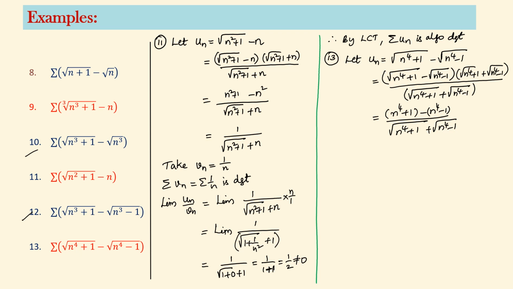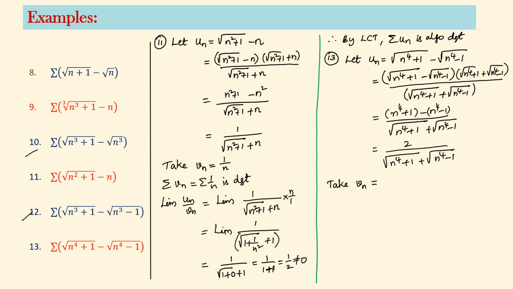The numerator becomes n power 4 plus 1 minus n power 4 minus 1. So n power 4 gets cancelled in the numerator. This will become 1 minus of minus 1, which is plus 1. 1 plus 1 is 2, by the denominator, square root of n power 4 plus 1 plus root n power 4 minus 1. So there is no root involved in the numerator. So we can proceed. Take Vn equal to, what will be our Vn?